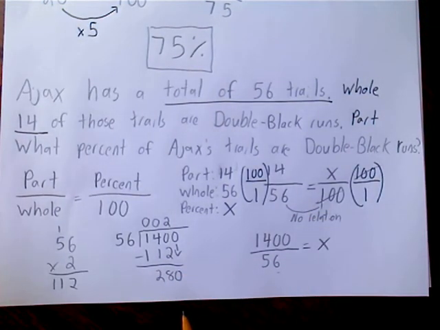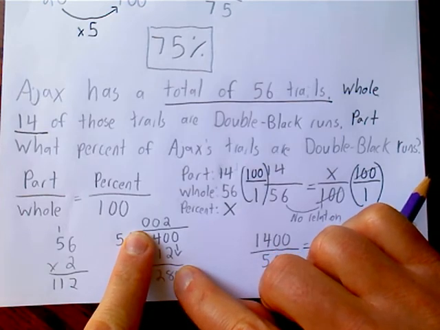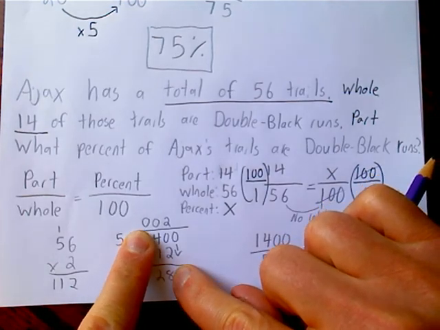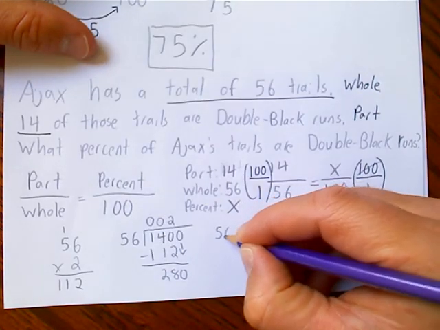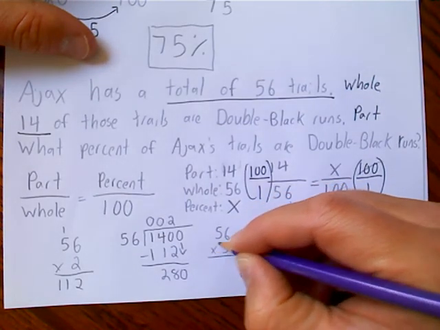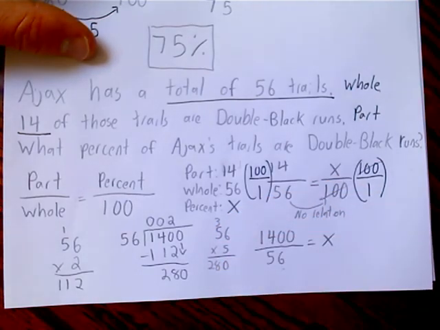Awesome. And now I need to guess how many times 56 goes into 280. I'm going to cover up the 1's place there. How many times does 5 go into 28? About 5 times, so that's a good place to start. And there it is.